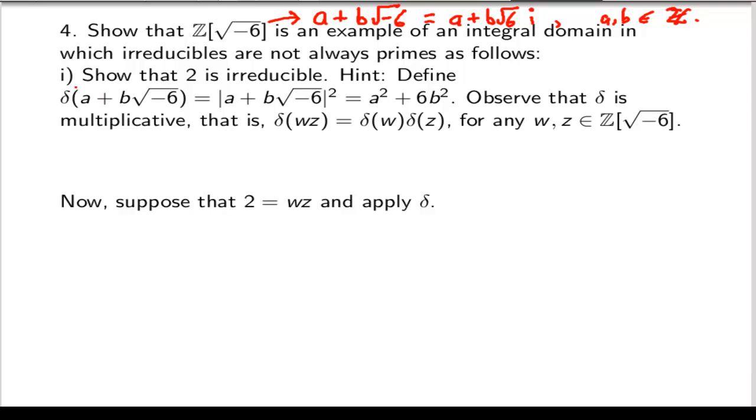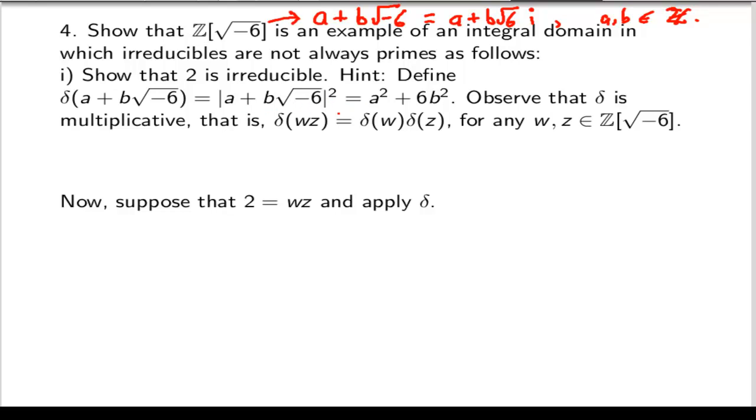Okay, part 1. Let's show that 2 is irreducible. So irreducible means 2 can't be expressed as a product of two objects that are non-units. And I'll do this by introducing the delta function. It's like the delta function we had for the Gaussian integers. Just take the square of the absolute value of a plus b root negative 6.